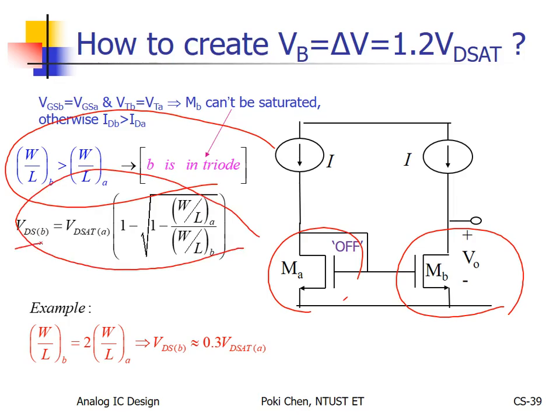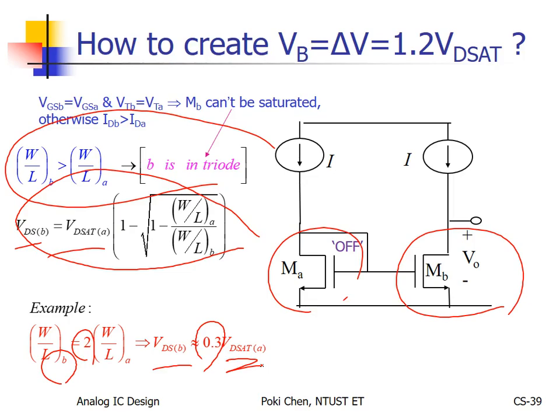Delta V for B and delta V for A are not exactly the same. For example, if B is doubled from A, then its VDS is 0.3 of the delta V for MOSFET A. That's it.